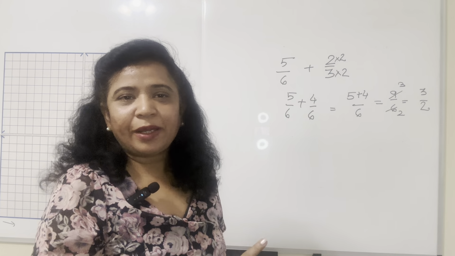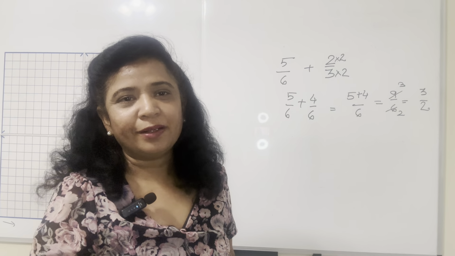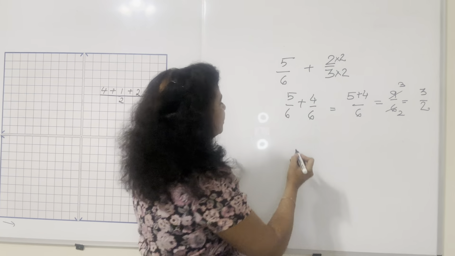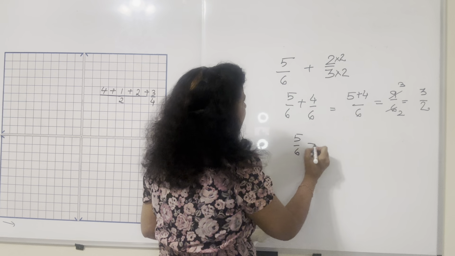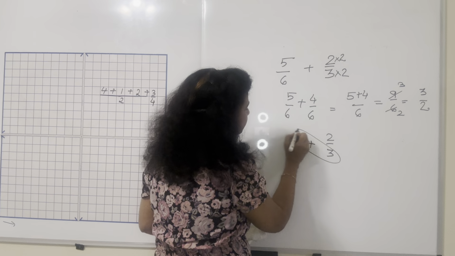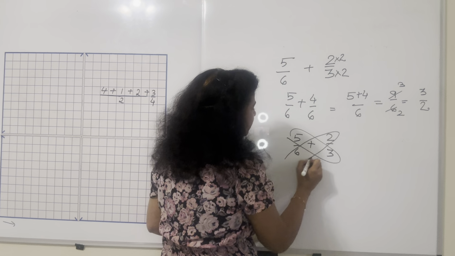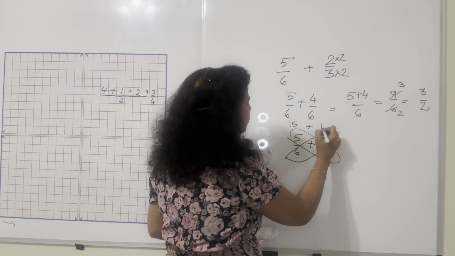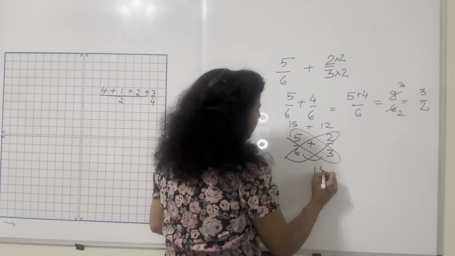So this was the method where you make the same denominator. But I want to show you the same thing by doing the butterfly method. So it was 5 over 6 plus 2 over 3. You cross multiply. 5 times 3, 15, plus 6 times 2, 12, and 18.